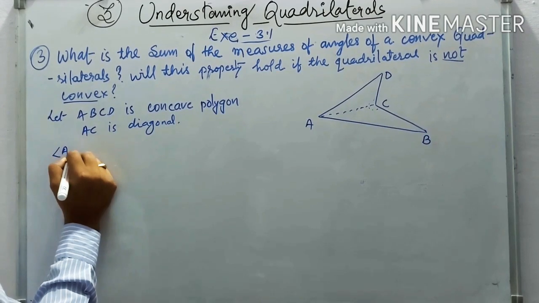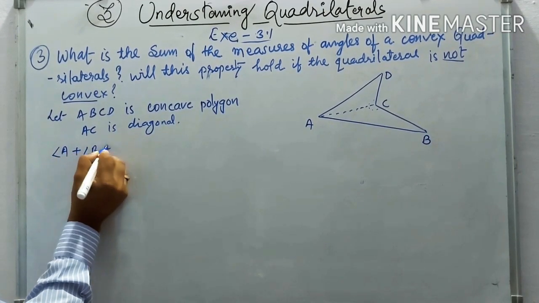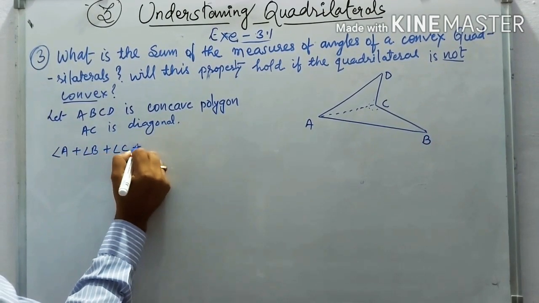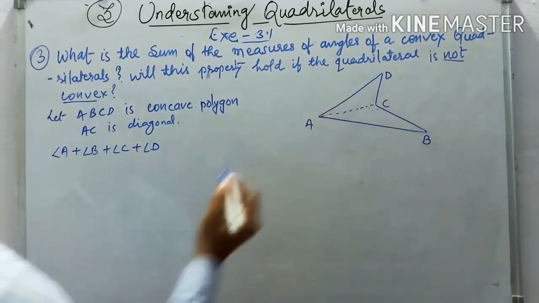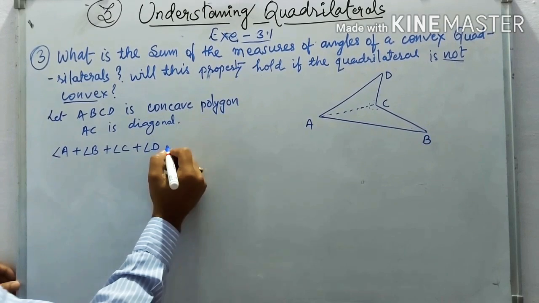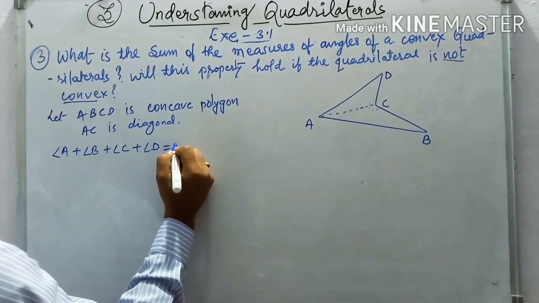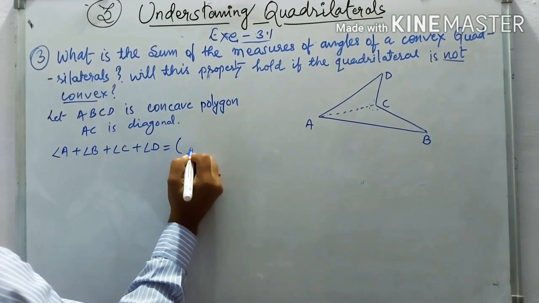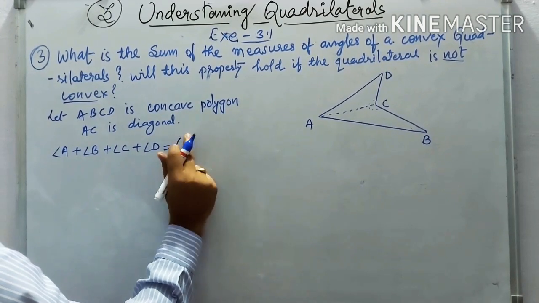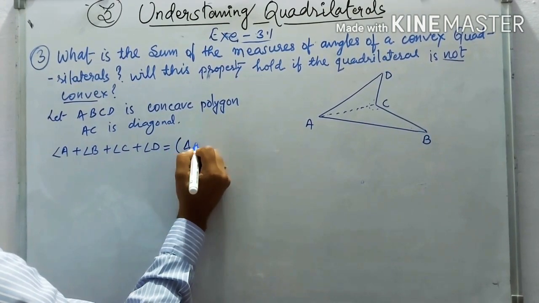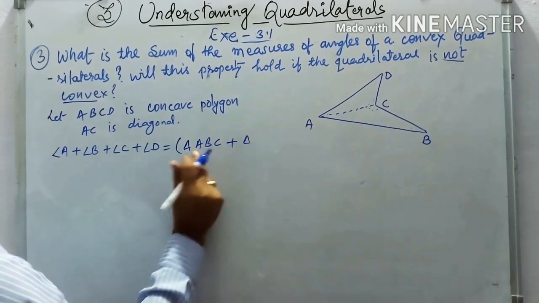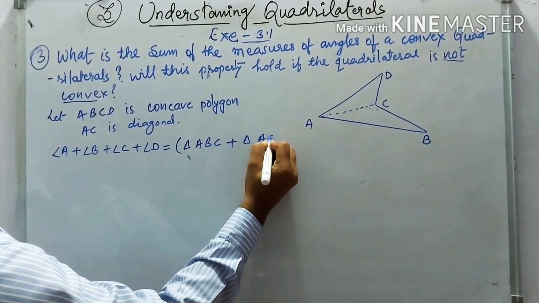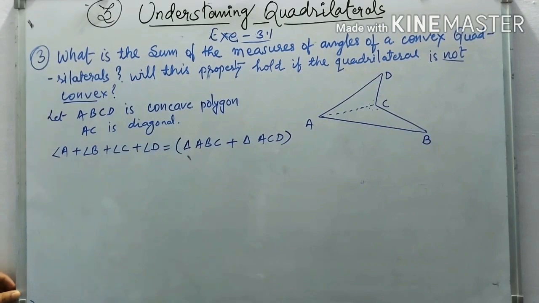Angle A plus angle B plus angle C plus angle D. Angle A plus angle B plus angle C is equal to triangle ABC plus triangle ACD.